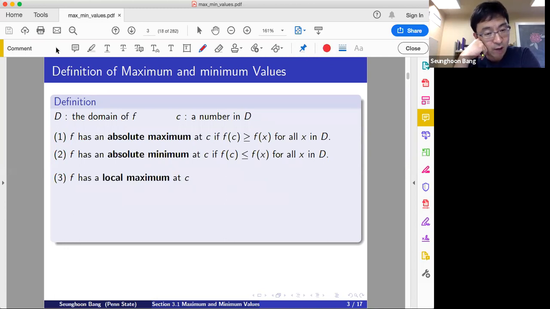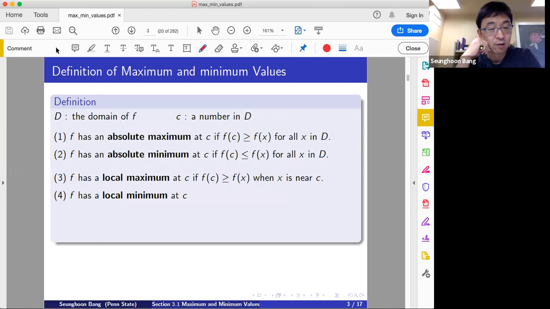Third, f has a local maximum at c if f of c is greater than or equal to f of x when x is near c. Fourth, f has a local minimum at c if f of c is less than or equal to f of x when x is near c.